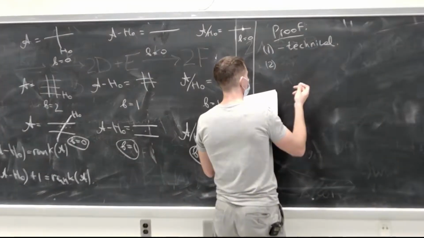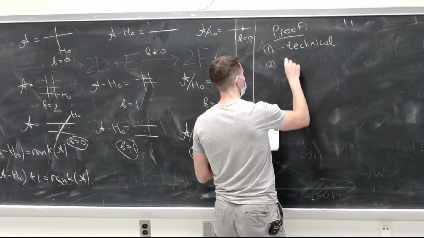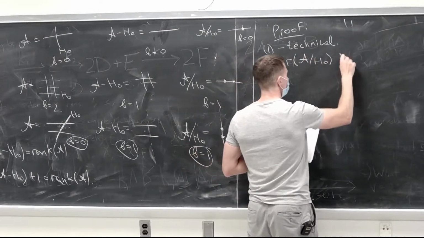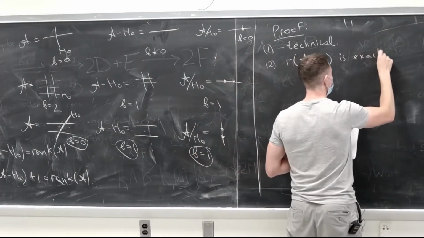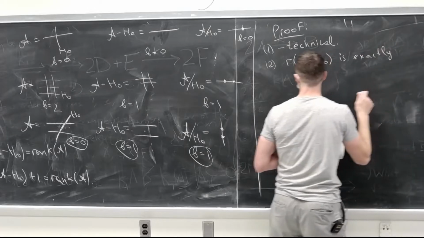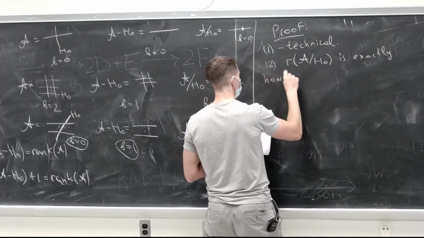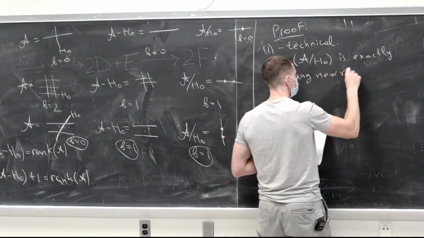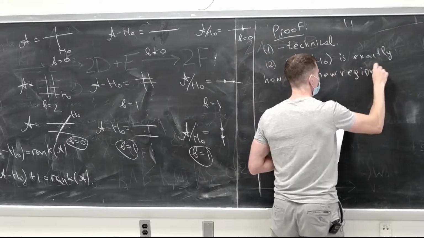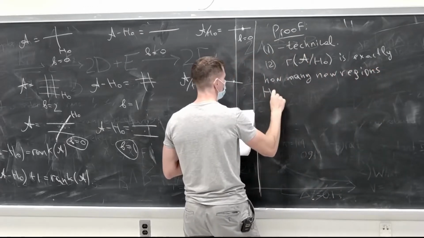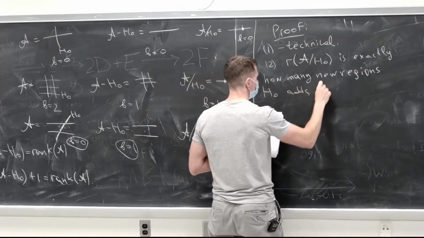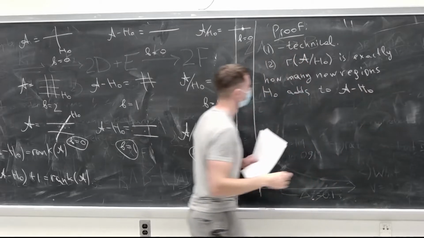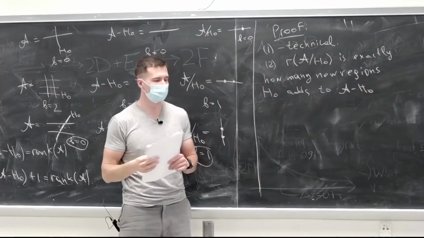So let me just write down: the number of regions when you contract is exactly how many new regions H0 adds to A minus H. That's the basic simple reason.